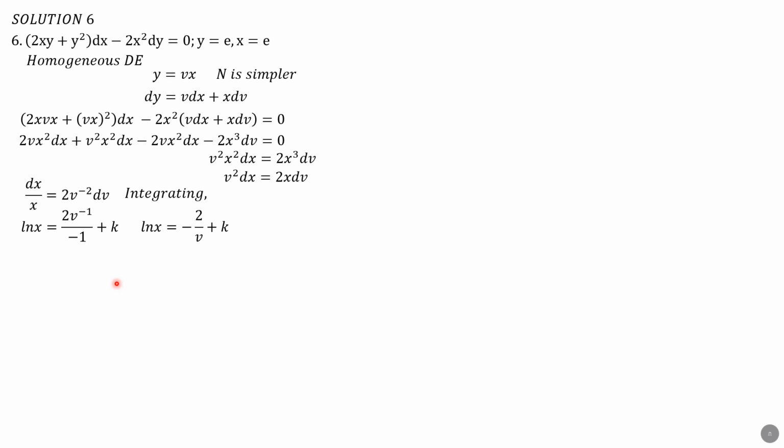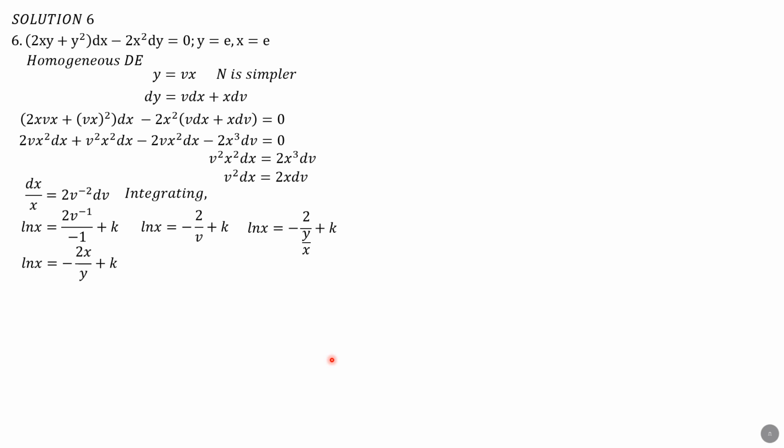Then we replace v by y over x. So ln x equals negative 2 over (y over x) plus k. Simplifying, ln x equals negative 2x over y plus k.